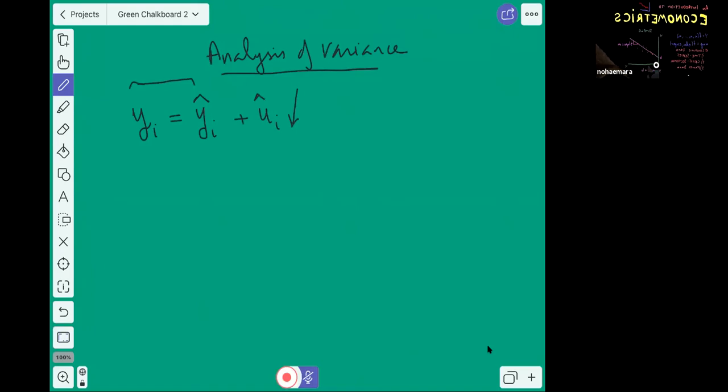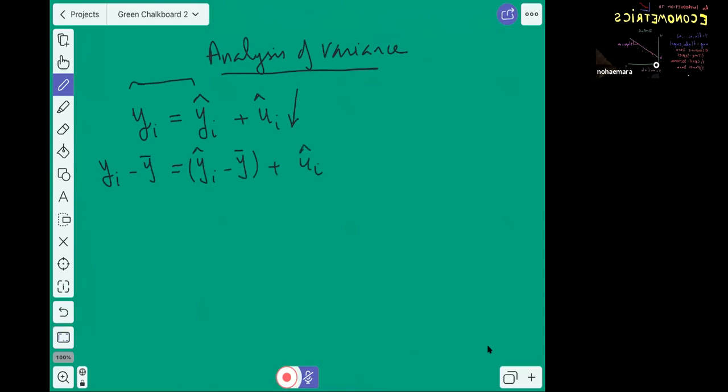If we rewrite this equation again by taking the mean out from both sides, it's going to be equal to yi hat minus y bar plus ui hat.